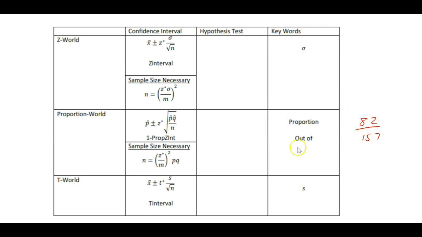There was some proportion, some "out of" there, even if it didn't completely say 82 out of 157. If you've got that proportion, then you're doing the proportion world, a one prop z interval.